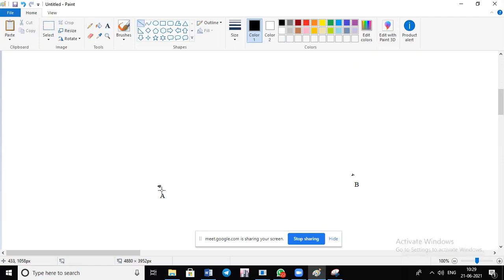When the distance is in kilometers, the curvature of the earth comes into existence. So we will draw a curve between them, and this curve distance from here up to the point B is nothing but 40 kilometers.